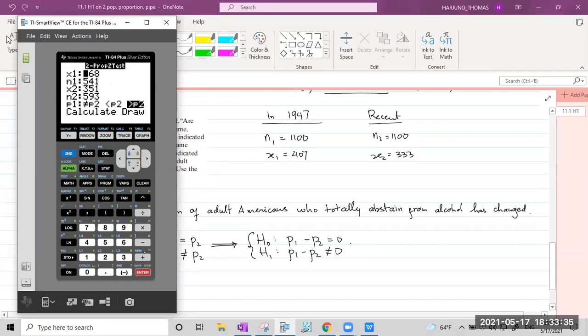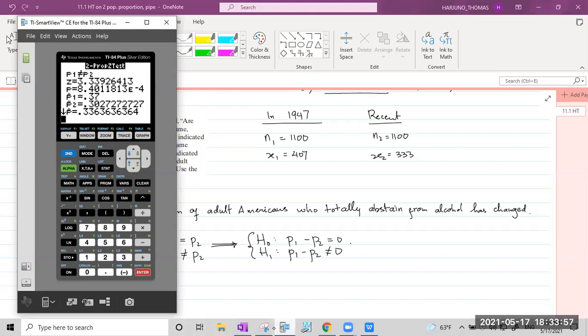I will just plug in numbers here and we'll get all the numbers we need. x1 is 407, n1 is 1100, x2 is 333, and n2 is 1100. Okay, and then we are testing two-tail. Then calculate.